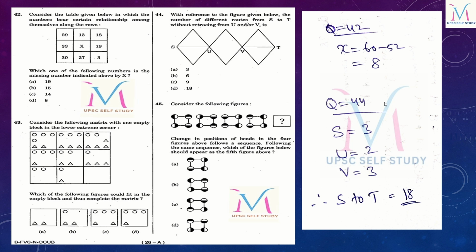Now again coming back to question number 42. Consider the table given below in which the numbers bear certain relationship among themselves along the rows.